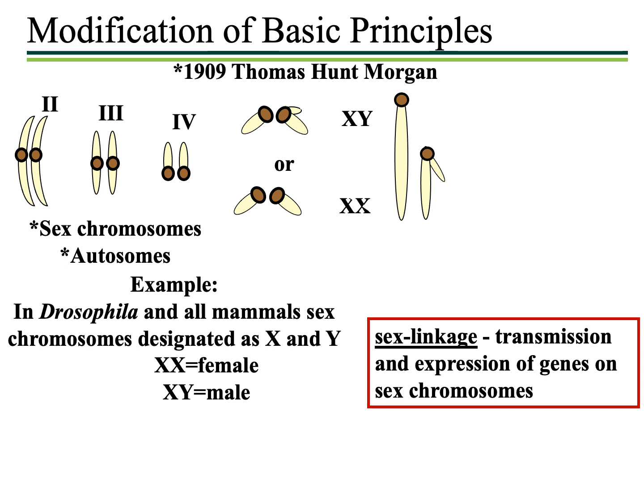What this led to was the mechanism of sex determination that, again, we will talk in more detail about in our next unit of material. But for now, what we're going to do is discuss the fact that there are chromosomes that are referred to as sex chromosomes in Drosophila as well as in all mammalian species.